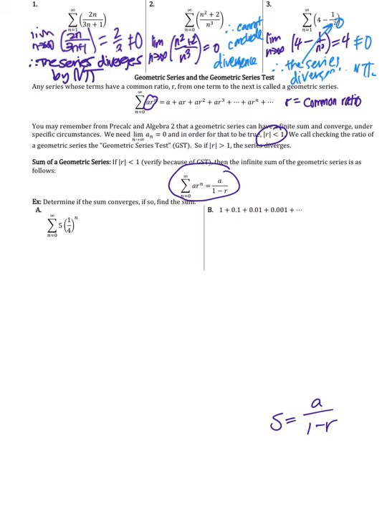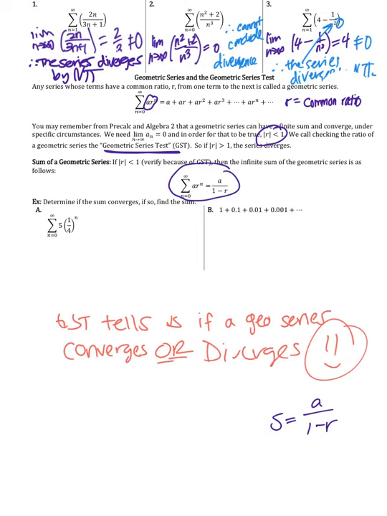We call checking the ratio of a geometric series the geometric series test, or GST. So this is one you're going to be using under the condition that we actually do, in fact, have a geometric series. So again, the great thing about this test is it tells us either the series converges or diverges, as opposed to NTT, where sometimes we have to use another test if that test does not work. This test will always work in the case that we have a geometric series.